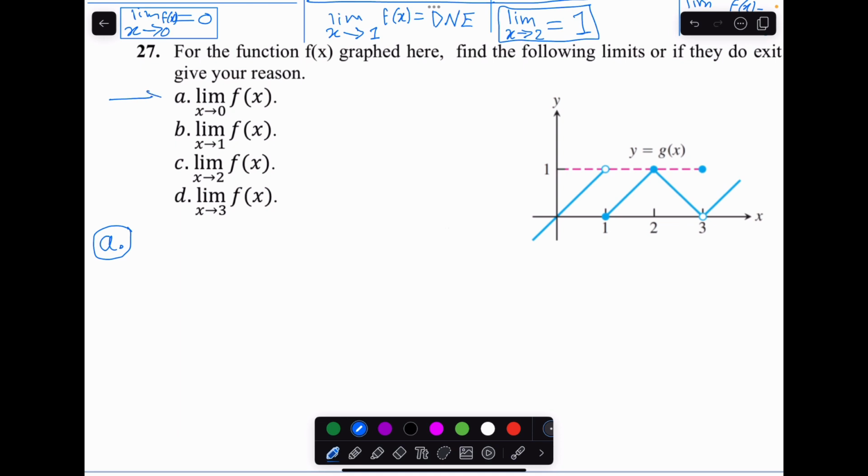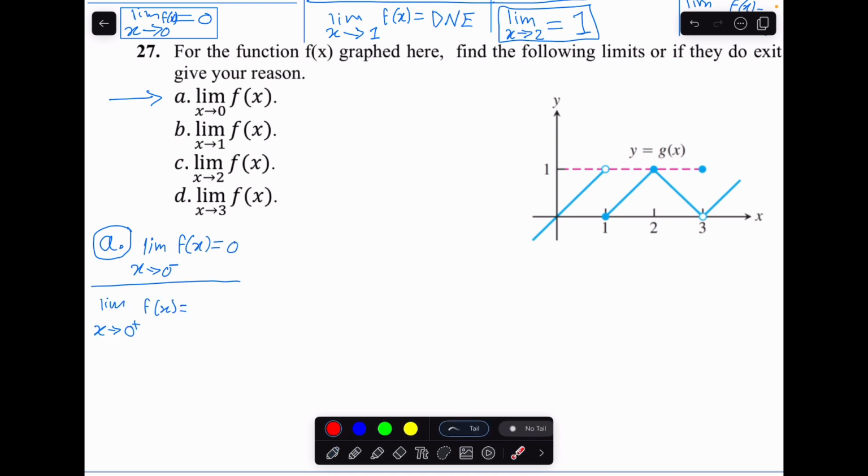We have question A. Limit when x is approaching 0 of f of x equals. Limit when x is approaching 0 from the left, f of x will equal 0. Limit when x is approaching 0 from the right, f of x is equal to 0.